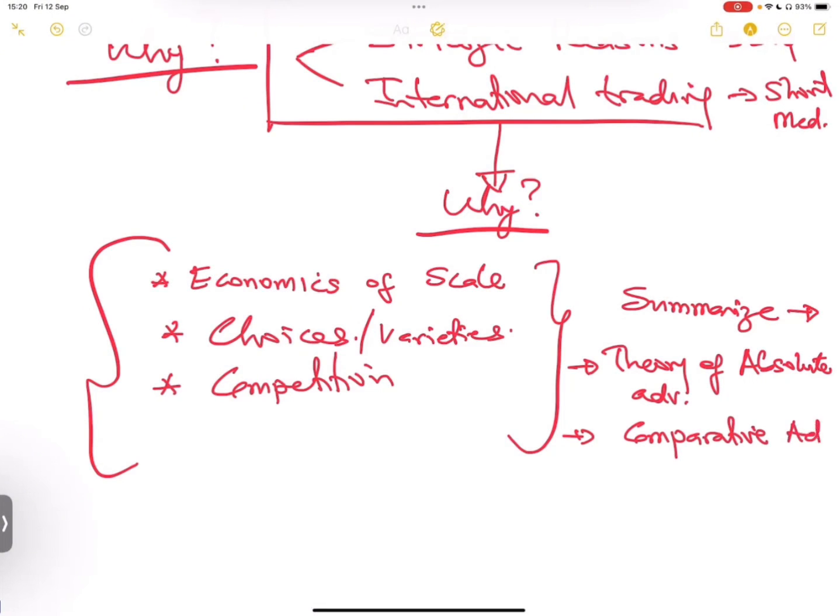So which means when a company goes to produce in another country or even in its own country, we can explain those benefits or reasons using either the theory of absolute advantage or comparative advantage.